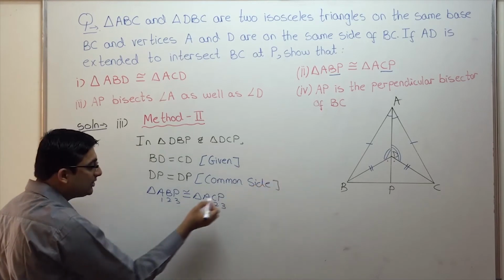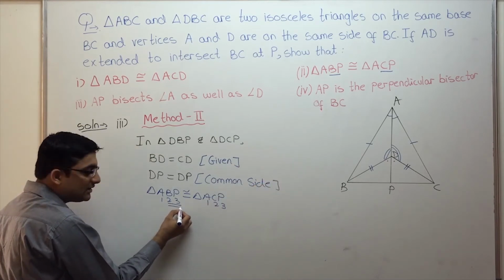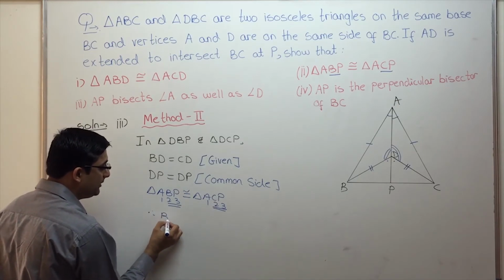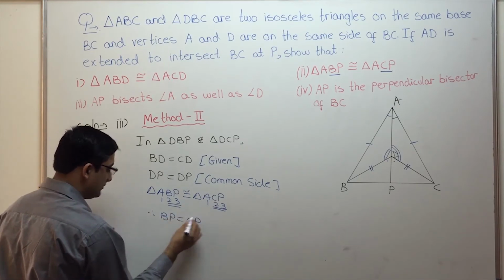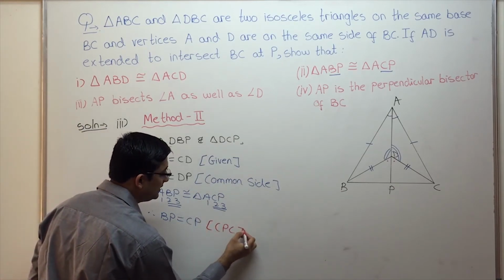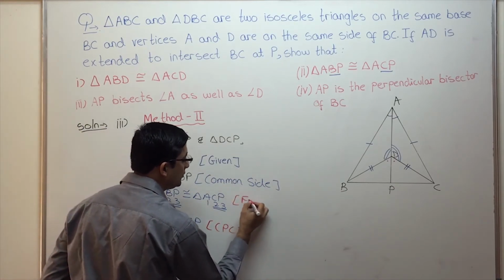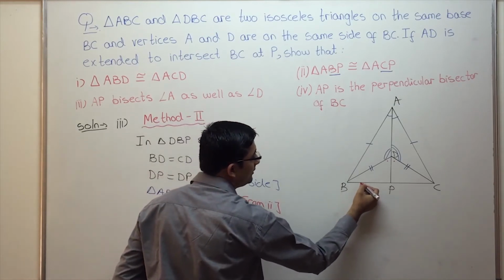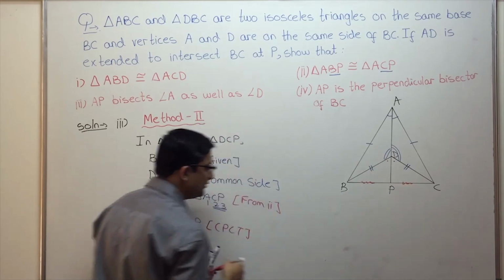Get the side corresponding to BP. BP is the second and third letter here. This will correspond to the second and third letter, that is CP. So therefore BP is equal to CP. What is the reason? CPCT. So I'll write over here CPCT, and this over here is from 2. So basically BP is equal to CP, right?